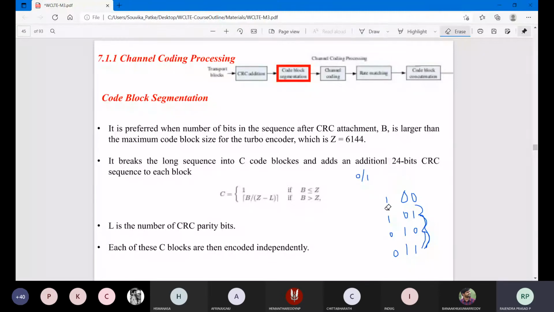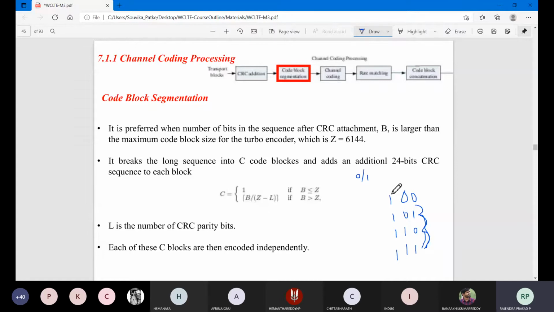Next, if I take all zeros, there is also no repetition of the data. If I go for all ones, again there is no repetition, so I can still take it. I can add a prefix code in this way.